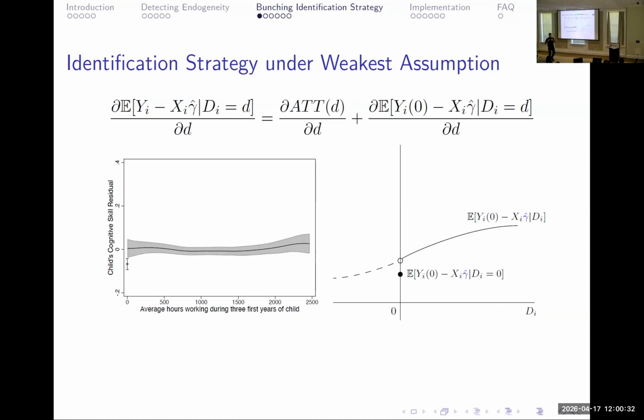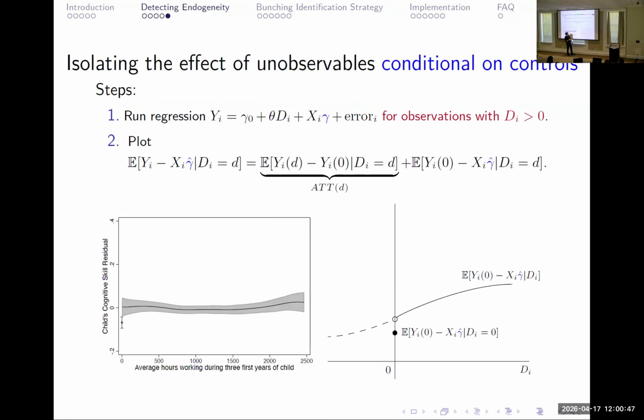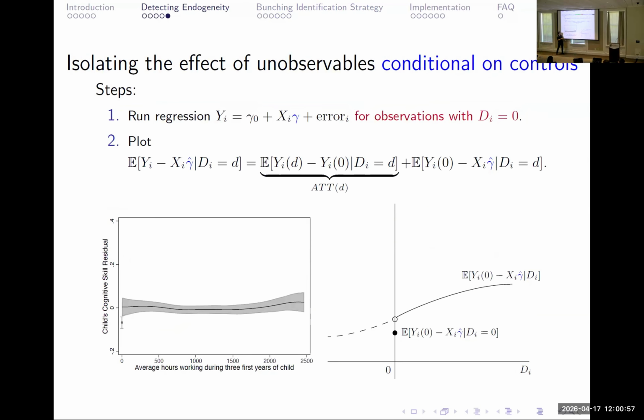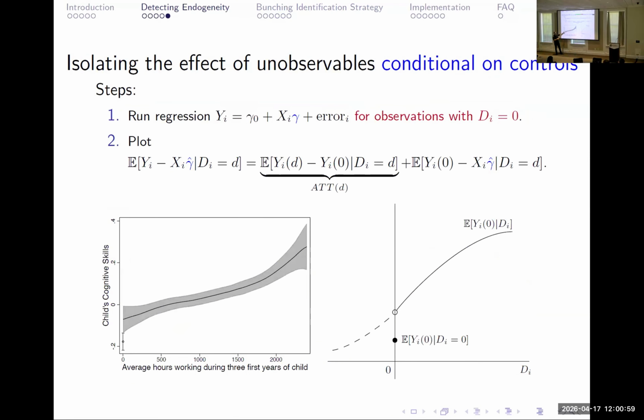But if observables were somehow ineffective whatsoever at controlling for potential unobserved heterogeneity, I wouldn't be seeing what I'm seeing here, which is a reduction of both the slope as I control for things from here to here, and the reduction of the discontinuity.